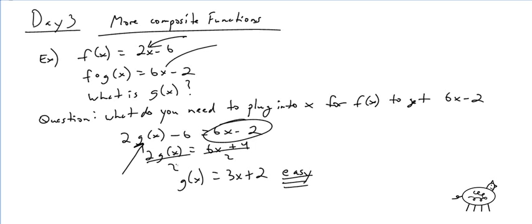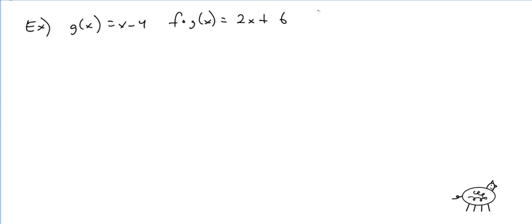Now, this is a more challenging one. So, again, this one's more complicated. So we have g of x is equal to x minus 4. But now I'm going to say f of g of x is equal to 2x plus 6. This is somewhat brutal. Okay?